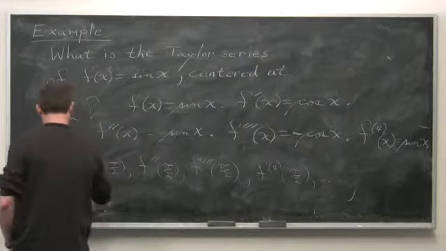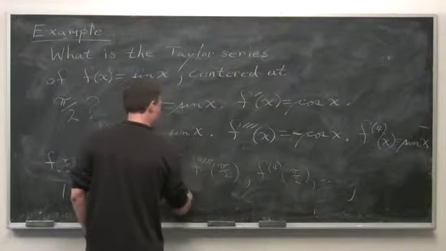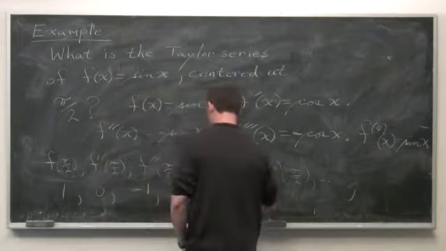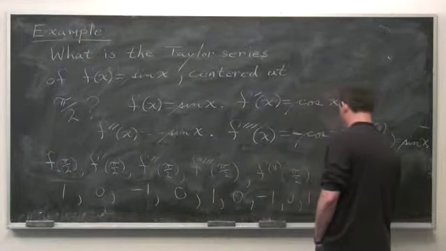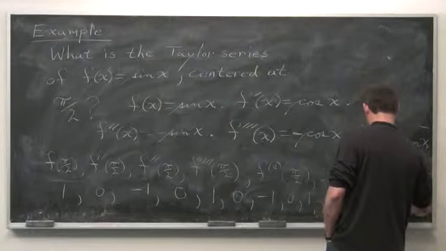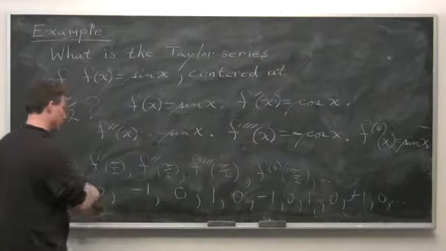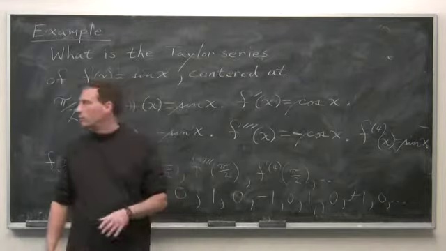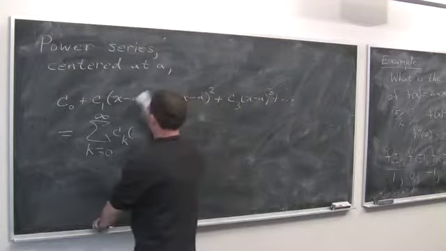You get 1, 0, minus 1, 0, and then it starts over. That pattern just keeps repeating. Every other term is 0, and if you look at the non-zero terms, they go plus 1, minus 1, plus 1, minus 1. So what are we getting?